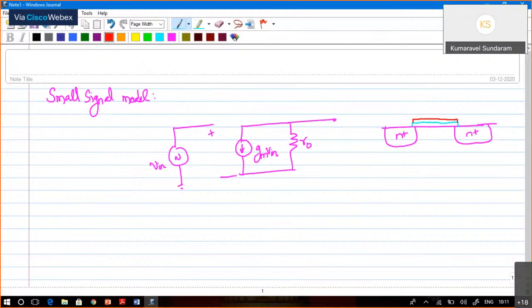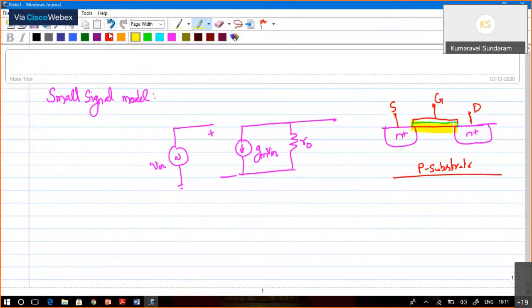This is polysilicon gate, source, drain in a P substrate. This is silicon dioxide, so it acts as an insulator.